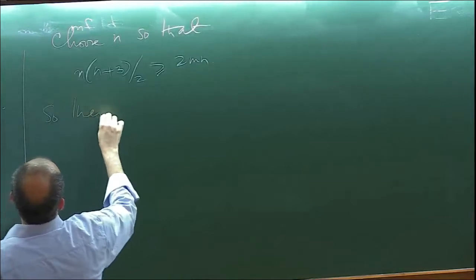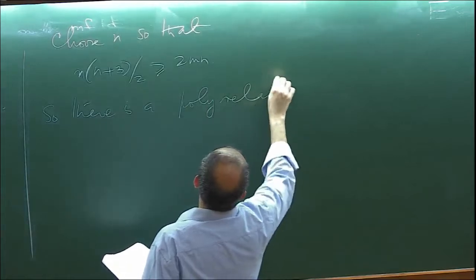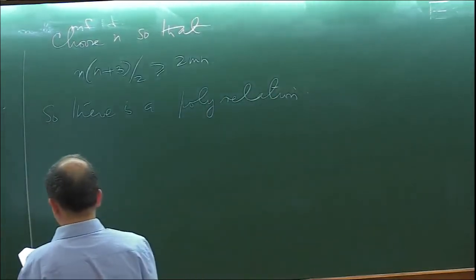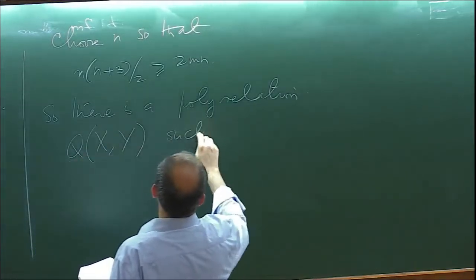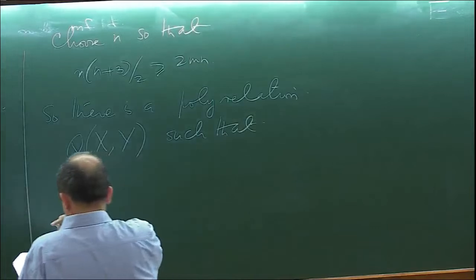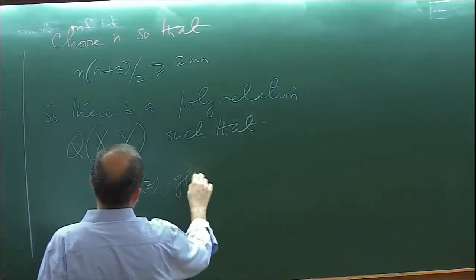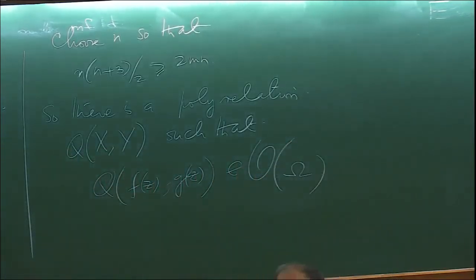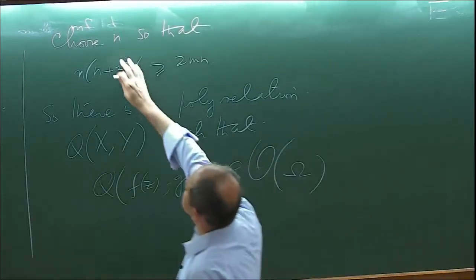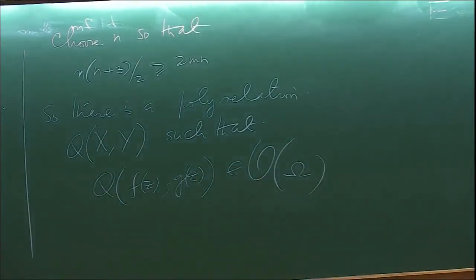So there is a polynomial relation, say q(x,y), such that q(f(z), g(z)) is in fact a holomorphic function. So we've eliminated all the poles by taking a polynomial of large enough degree. This is the pole elimination, pole counting technique here.